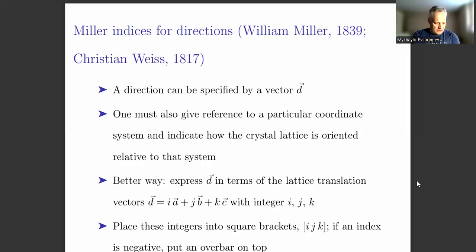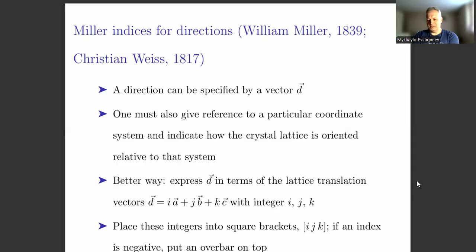A direction in a crystal can be specified by a direction vector, d, and this vector may have unit length. When it comes to crystals, just saying that here is my direction vector with the components 1, 0, 0 doesn't convey any information unless you indicate how your Cartesian coordinates are aligned with the crystallographic axes, with these translation vectors A, B, C, about which we spoke in the previous lecture.